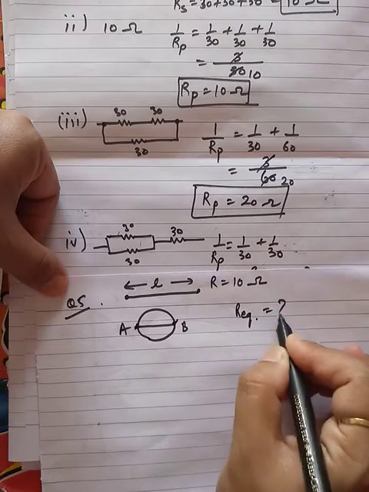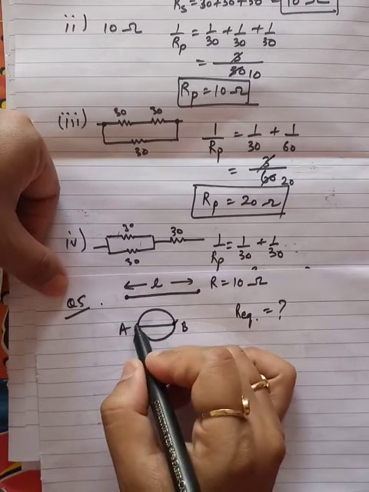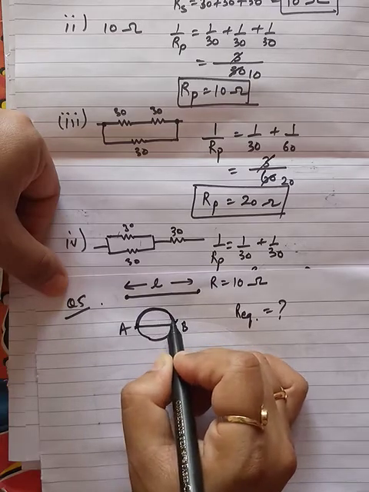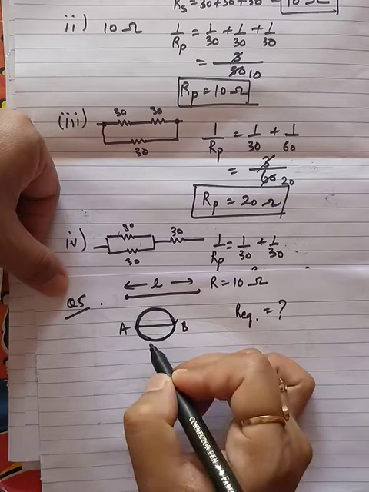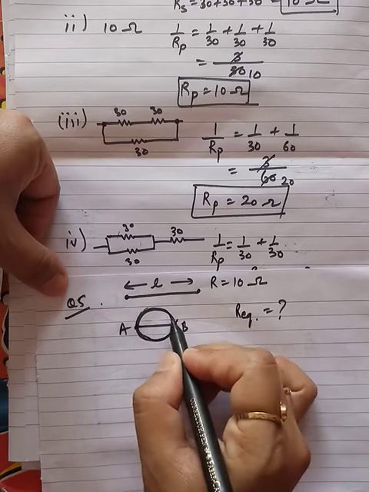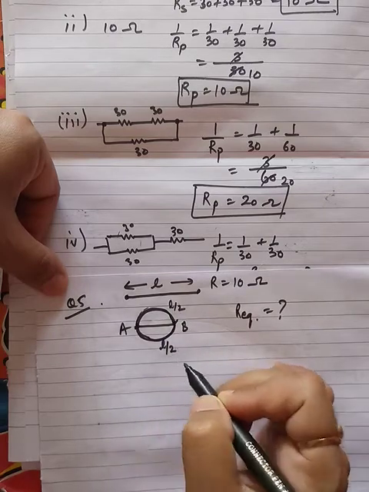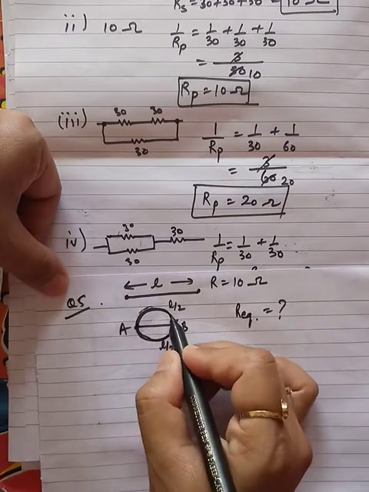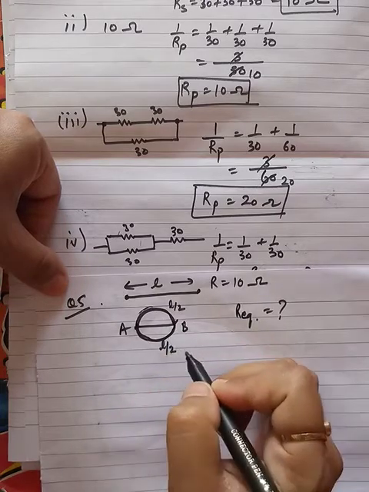For diametrically opposite points, half of the circumference is above and half of the circumference of the circle is below. That means the length of this part is L by 2, and this part is also L by 2. I want the equivalent resistance of these.